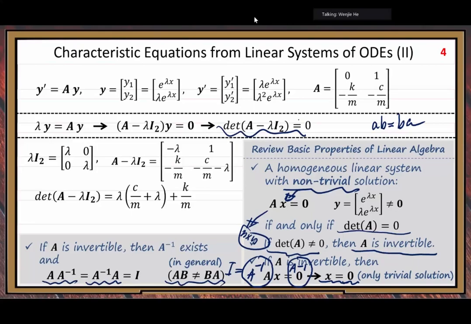After simplification, you can see that this equation is the same as the characteristic equation of the original second order ODE. So we use a completely different understanding. This determinant way is a different understanding, but at the end, we get the same result. That means compatible.